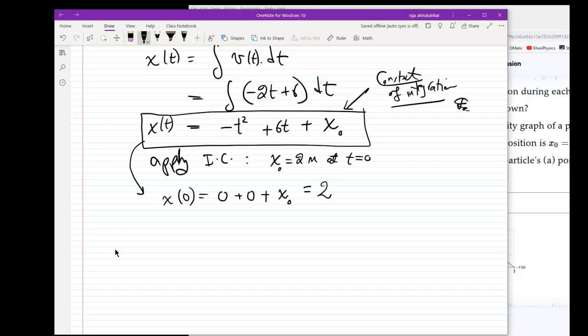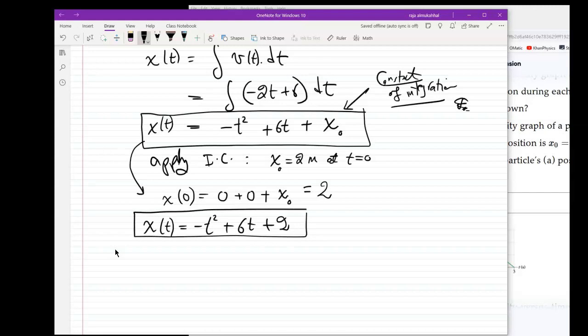So therefore, x of t is equal to minus t squared plus 6t plus 2. And there we go. This is my position function. Got it? Okay. Now, let's go back to the question that he's asking.